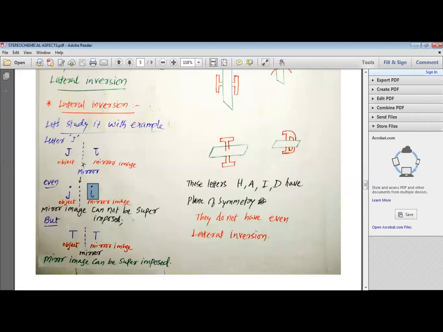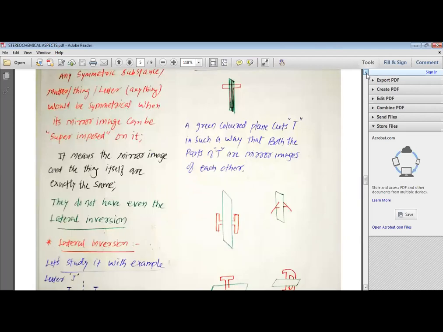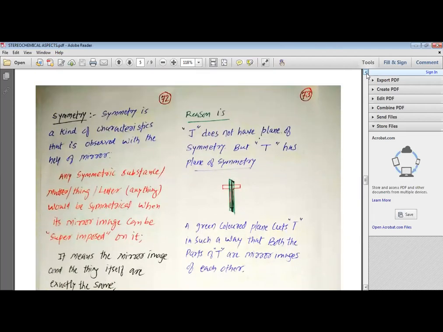But if you think about T, my dear students, there is no lateral inversion possible in case of T. That means the right side and left side of that line present in T are the same. That means the left side is exactly equal to the right side. So there is no lateral inversion possible when we have a symmetric substance or symmetric thing placed before the mirror.